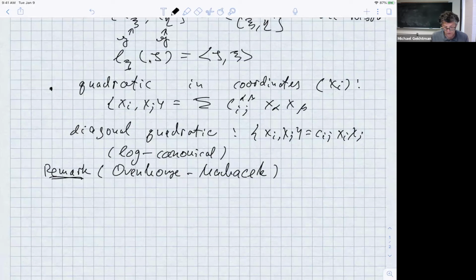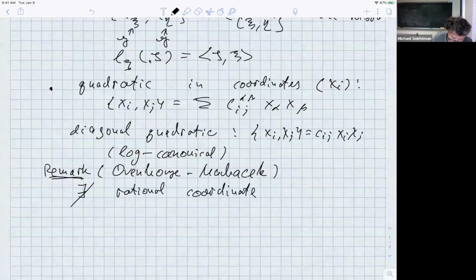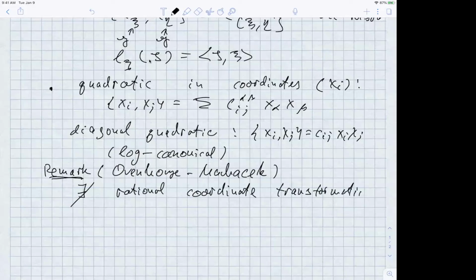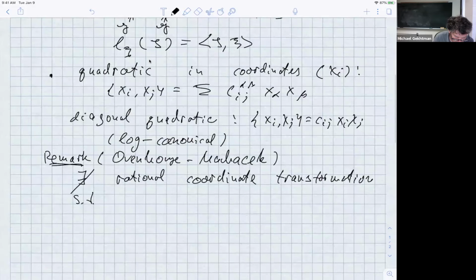What I mean by that is that there exist no rational coordinate transformations such that this log canonical Poisson bracket reduces to a linear or constant one.